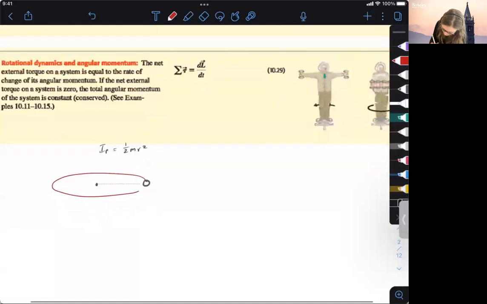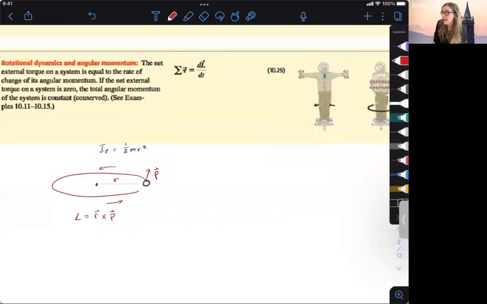Okay, so this is the one where my L is equal to R cross P. This point mass has some linear momentum, right? P, which is a vector, and then I have a distance R, right? And I'm going to end up with a torque, right? Because of the rotation of this object, right?